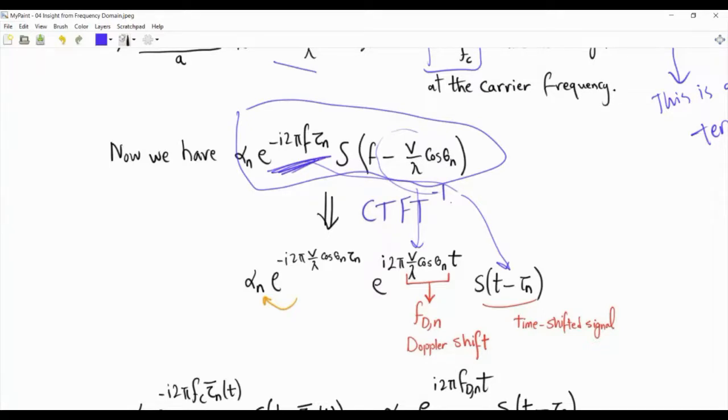We all know the rules of the Fourier transform. Basically, a shift in one domain means modulation, or multiplication by the complex exponential, in the other domain, and vice versa. If you multiply by the complex exponential, you get a shift in the other domain. So again, you do the integral, and if you take the inverse continuous time Fourier transform, you will get a signal that is time shifted with a certain fixed delay.